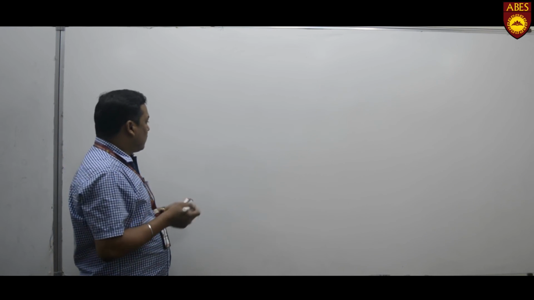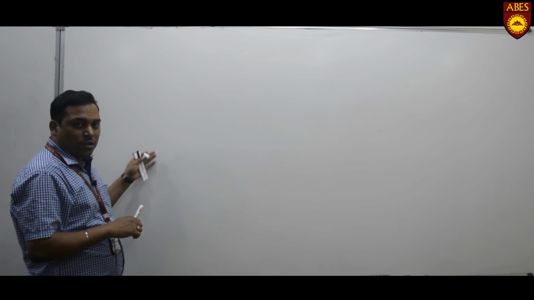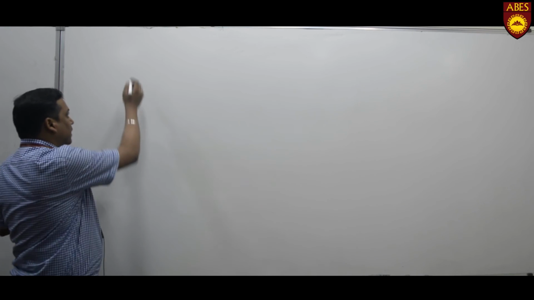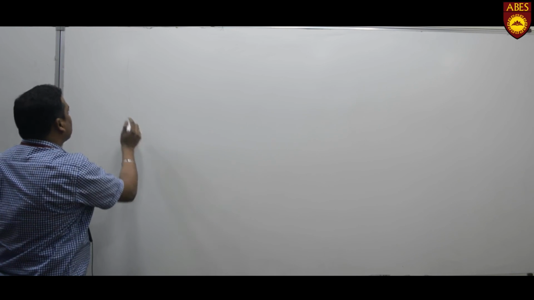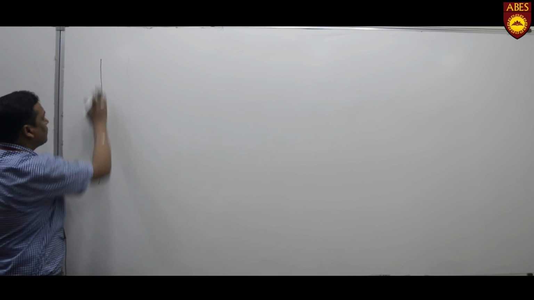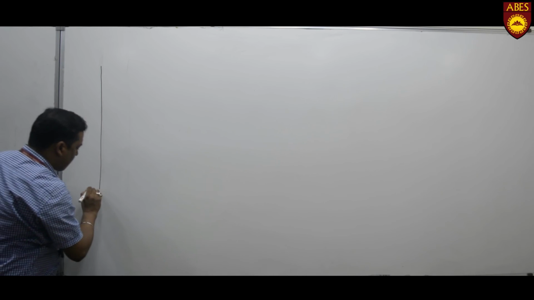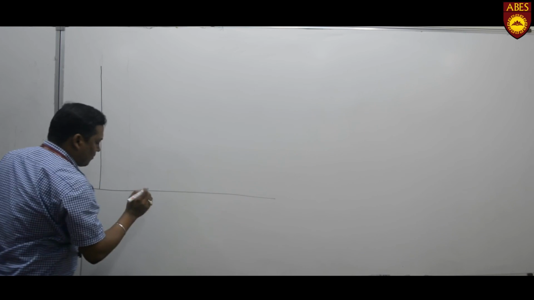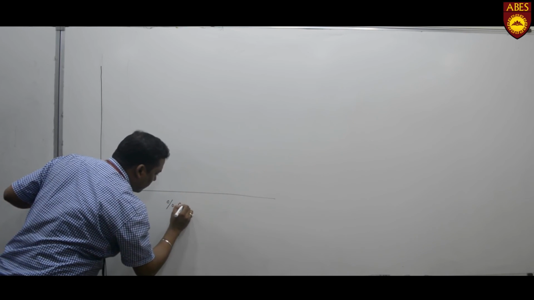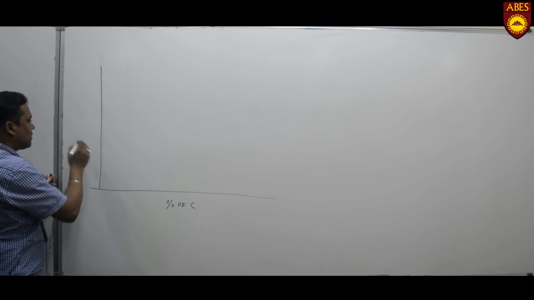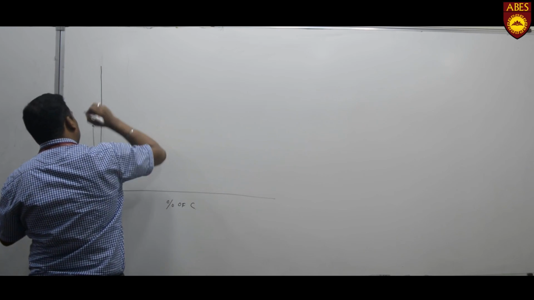Basically for starting the drawing of the iron carbon diagram, on this board there are x and y axes. The y axis is the temperature and the x axis is the percentage of carbon. So in this horizontal direction is the percentage of carbon, and this vertical direction is the temperature.